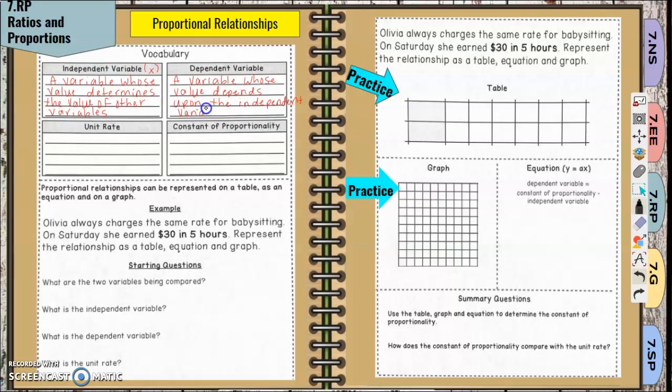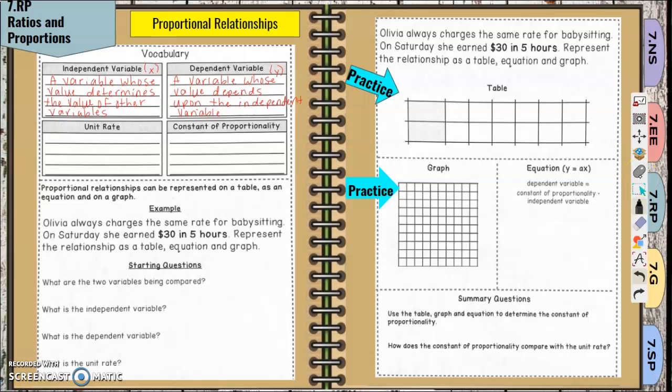And we use Y to represent the dependent variable. So the dependent variable depends on the independent variable, which means the dependent variable changes based off of what you use for the independent variable.